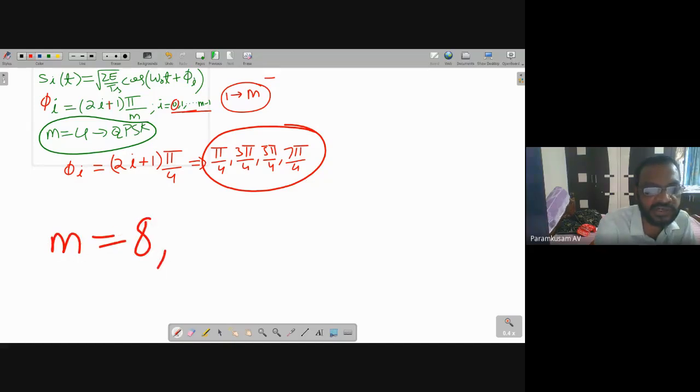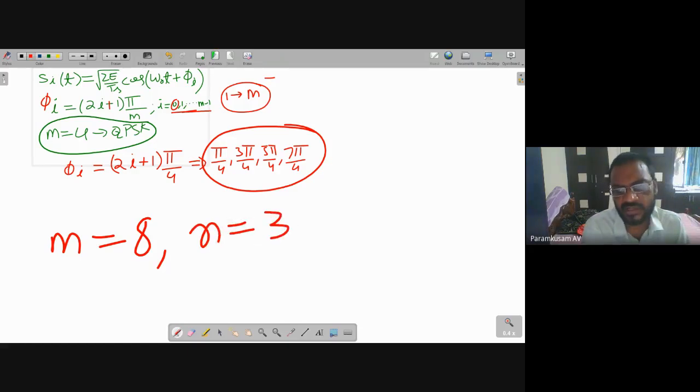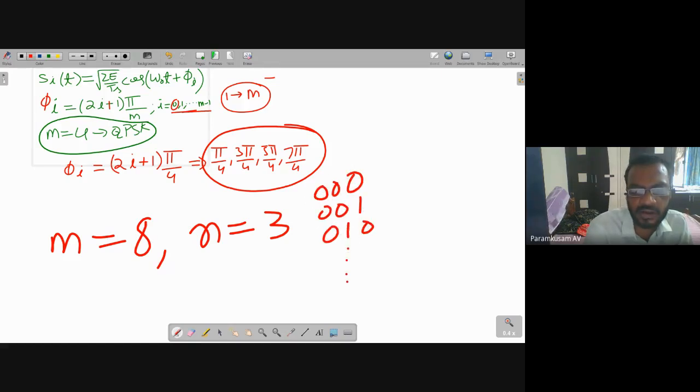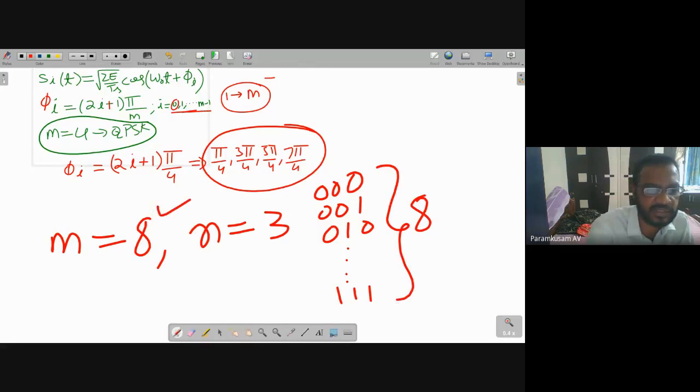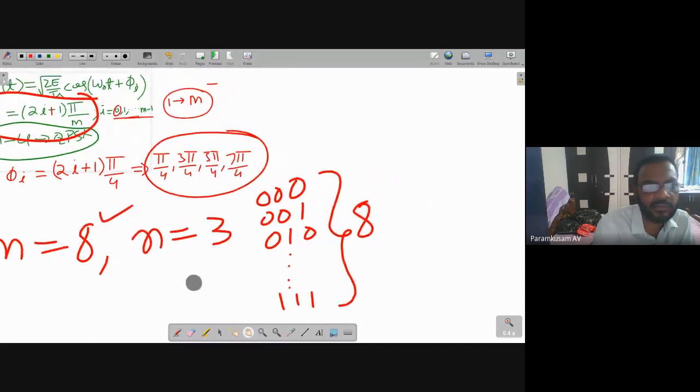How many bits do you transmit in any symbol duration? n is equal to 3. You transmit 3 bits. Then what are the possible combinations? 000, 001, 010, like that, up to 111. How many combinations? 8 combinations. Then how many phase angles? 8 phase angles. What are those phase angles? You calculate by using this equation.